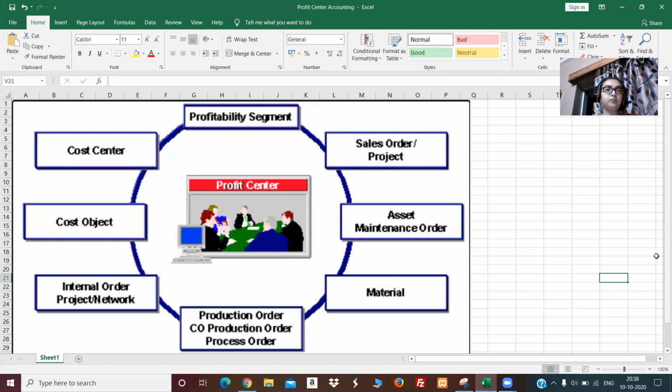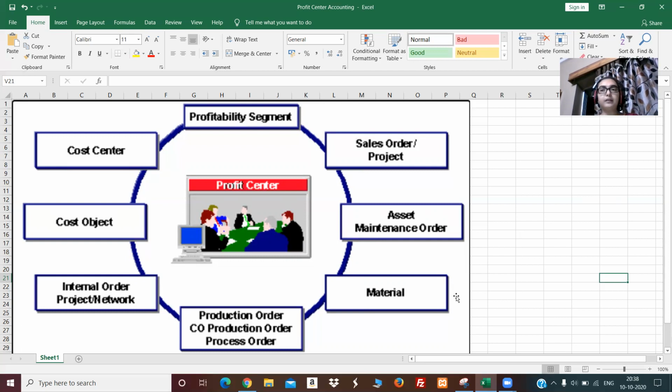Now let's take a real-time example. Let's say we are manufacturing a product. So first of all, what will we do? We will create a material master, and in the material master itself we will assign our profit center.